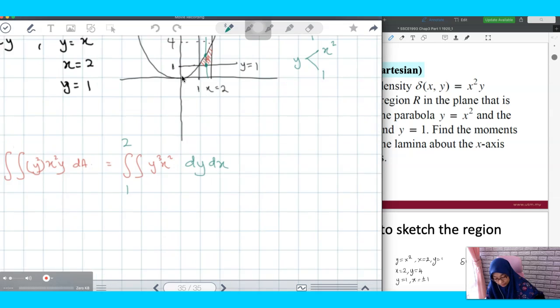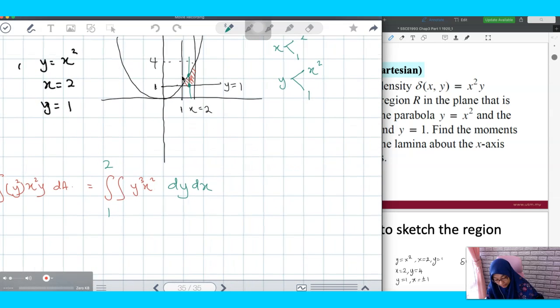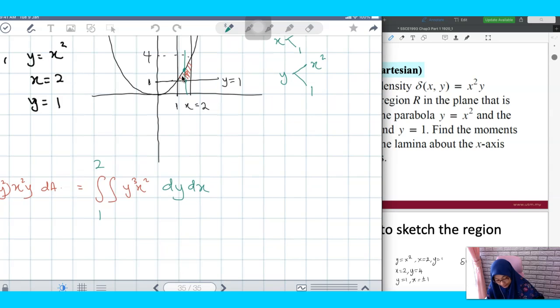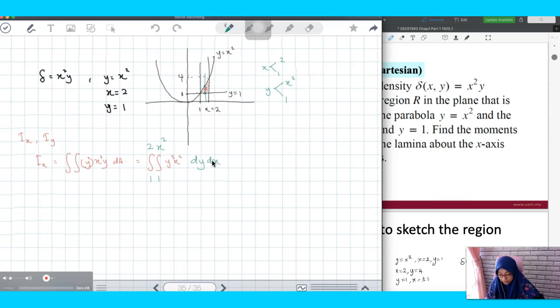Sorry, you cannot see clearly. So x from 1 to 2, and y from 1 to x squared. That is our second moment, or moment of inertia, about the x-axis.